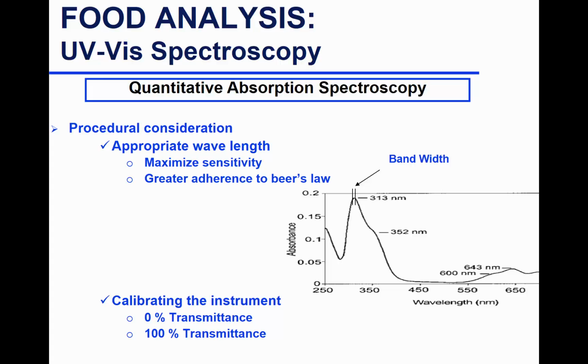If that is not the case and you have a very steep hill, you want to be very specific and selective. You do not want to select a wavelength where there is a steep change. If you miss by 1 nanometer, there will be a steep change in the absorbance. You do not want to do that.